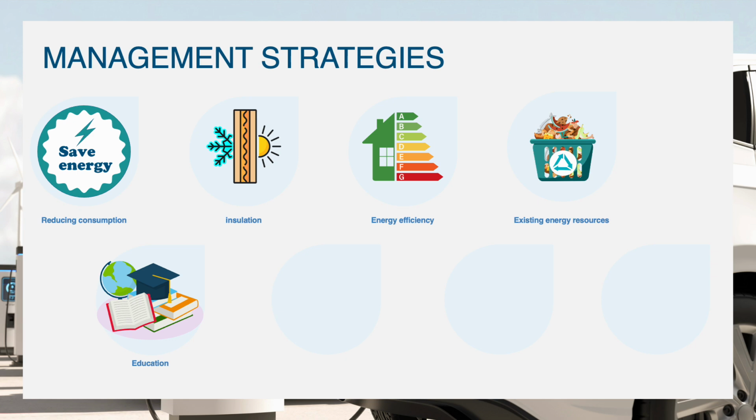Education is important because many strategies depend on people actually changing their behavior. However, education alone is probably not going to be enough if people can't afford any energy efficient appliances or if alternatives are not available.